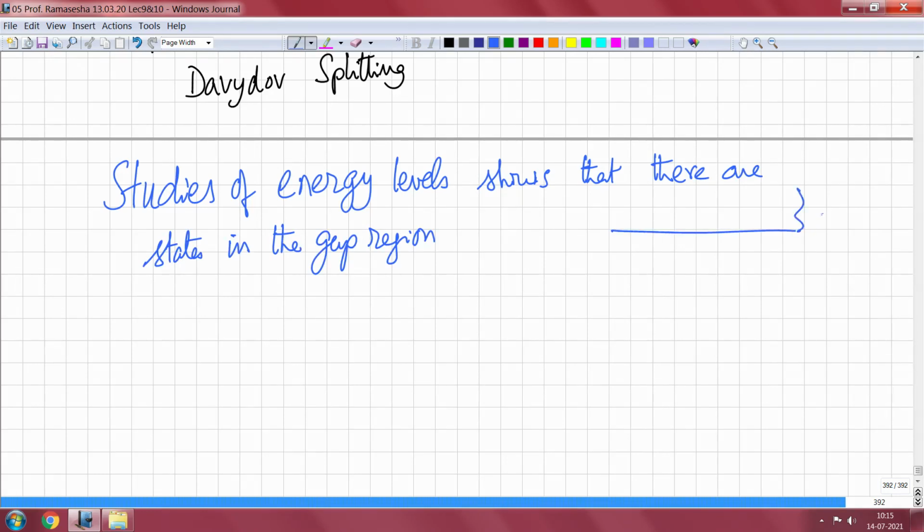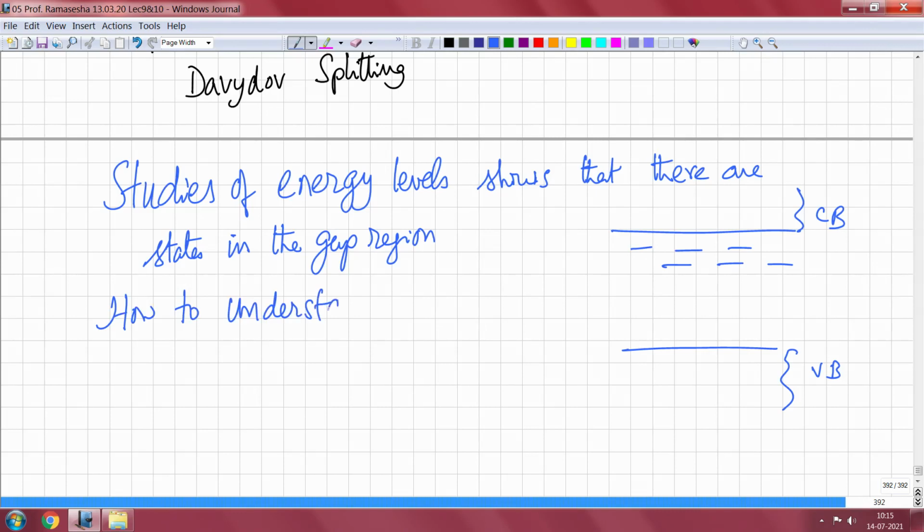So, this is the conduction band, this is the valence band, and then you have got various states around here, even in pure solids, no doping, nothing, but you still have levels in the middle. Now, how does one understand the levels in the middle, in the in-gap region?